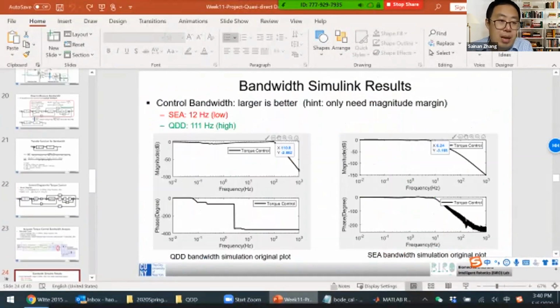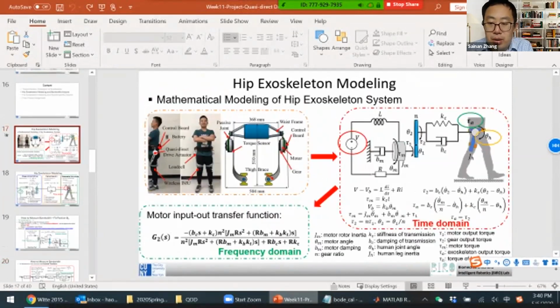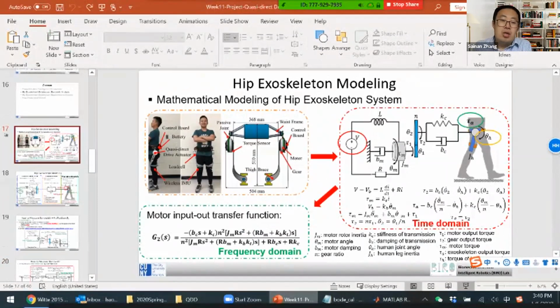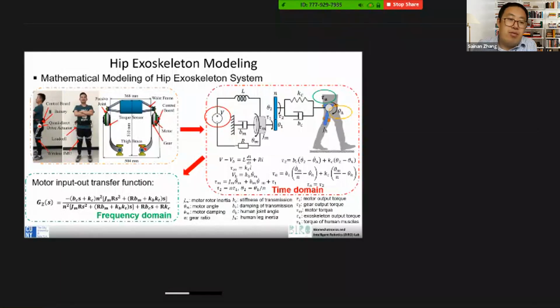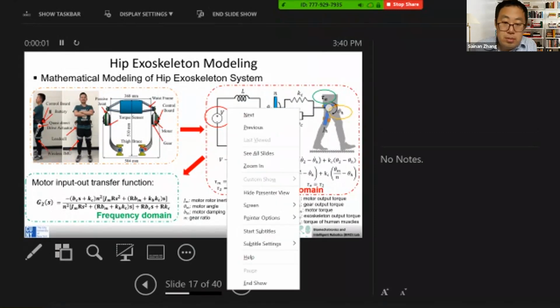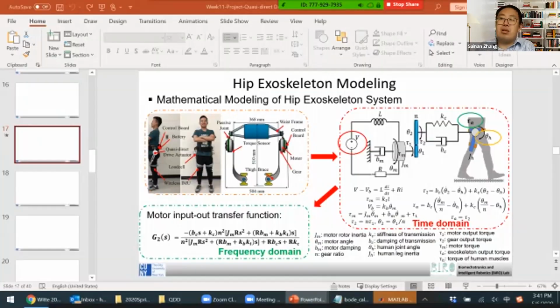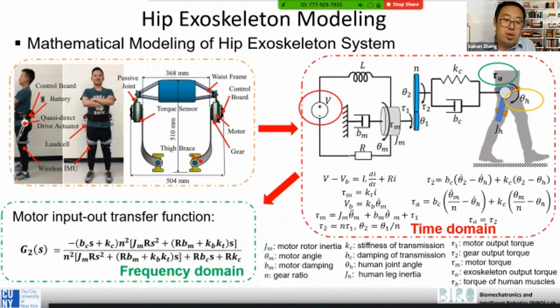So let me quickly go over the remaining portion. We talk about the bandwidth, and if you understand this transfer function, you can represent it in the PowerPoint. Now you have this transfer function, it's pretty straightforward to convert it to a block diagram.